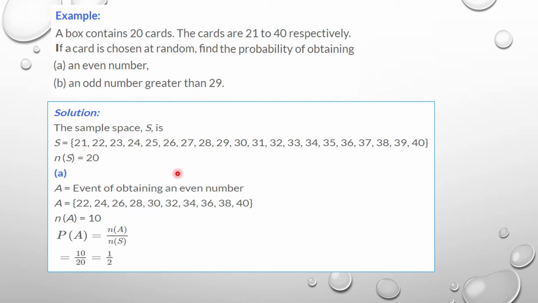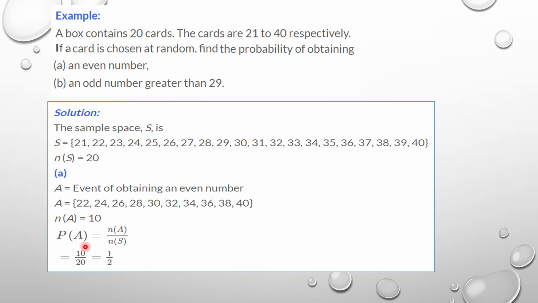Here you are given cards numbered from 21 until 40. So altogether the sample space you have 20 cards. How to find the number of cards? You can also deduct 40 minus 21, then plus 1. You'll get the number of sample space.